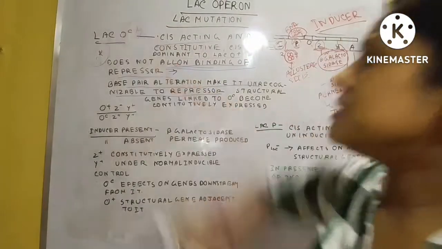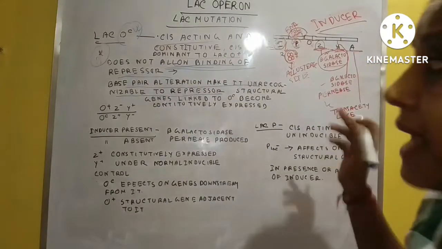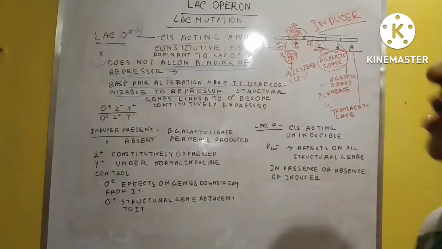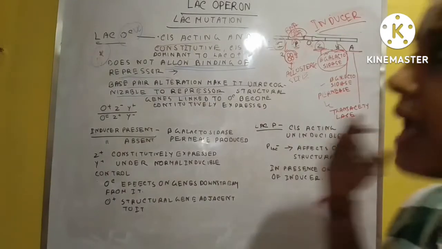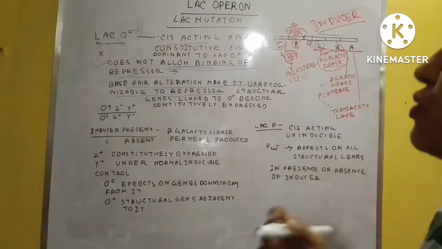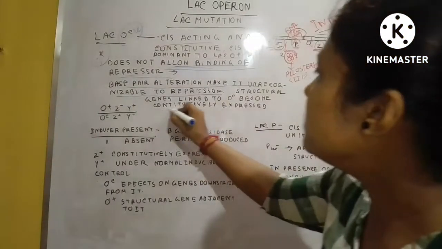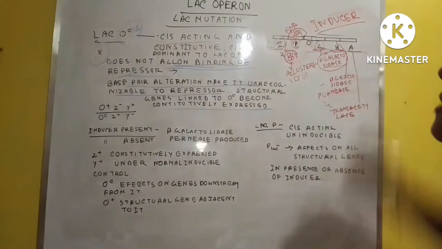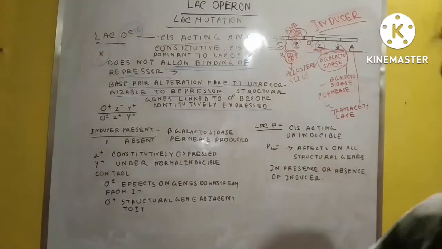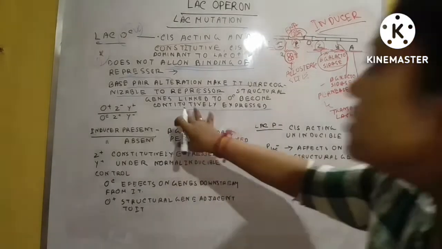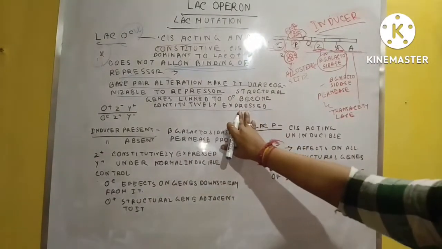During the formation of this, the base pair alteration occurs, and as usual the repressor cannot recognize this site, so it cannot bind there. And as the repressor cannot bind there, what situation arises? Constitutive expression of the structural gene is possible. Transcription and translation occur continuously. So constitutive expression is possible here.